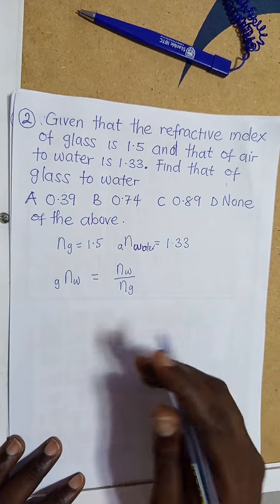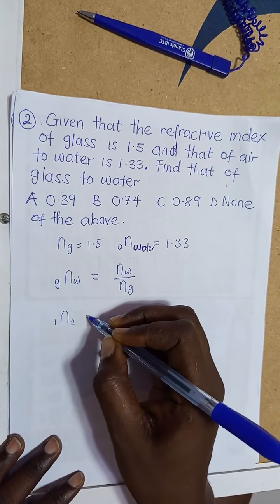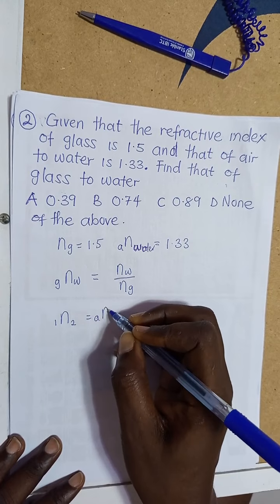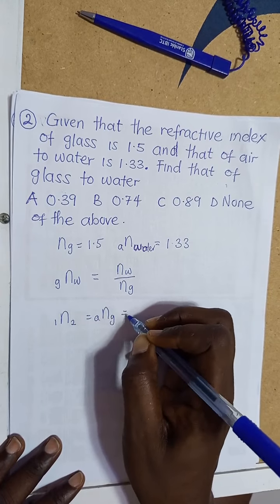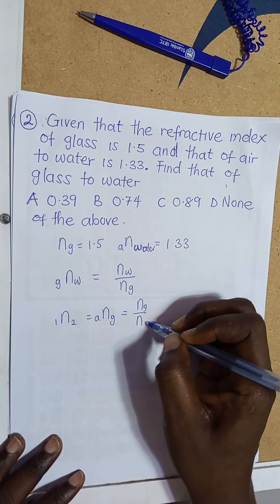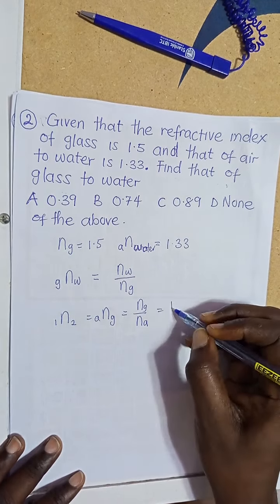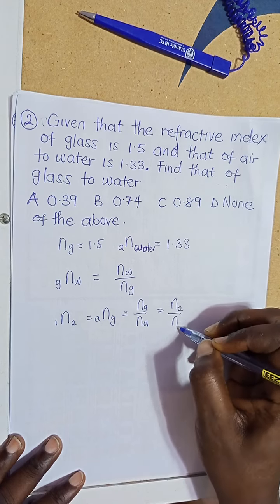Don't forget that the refractive index from 1 to 2, for example air to glass, is equal to n glass over n air. That means it should not be 2 over 1.